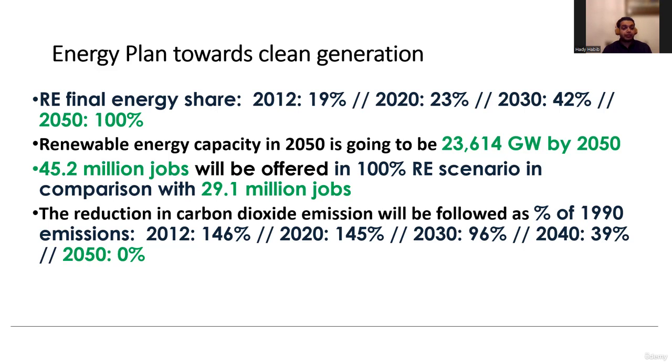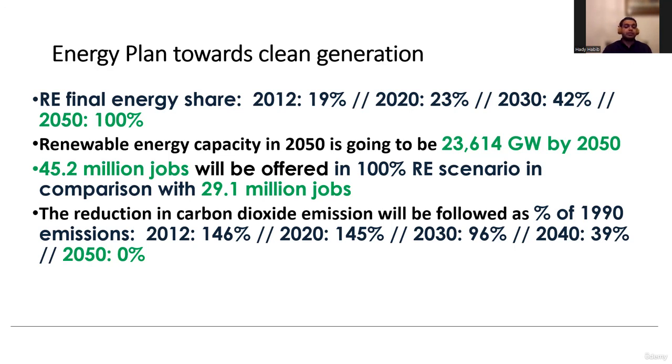The fourth movement is related to carbon dioxide emissions. In reference to 1990 emissions, it was 146% in 2012, 145% in 2020. It must be reduced to 96% in 2030 and 39% in 2043, and finally it will reach 0% in 2050.